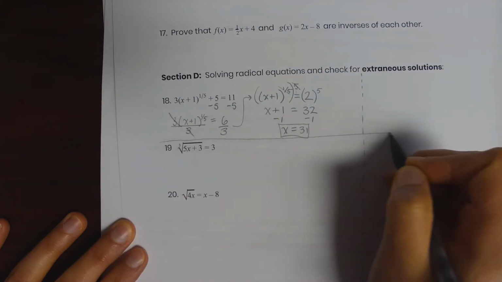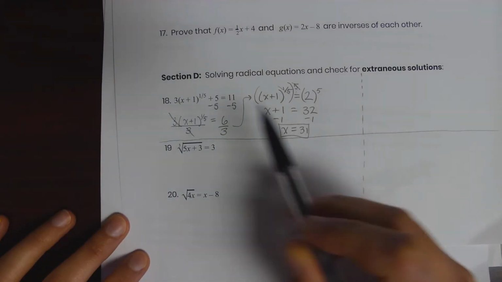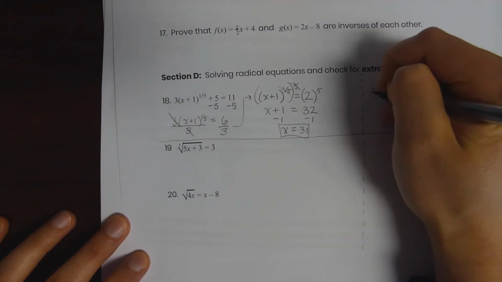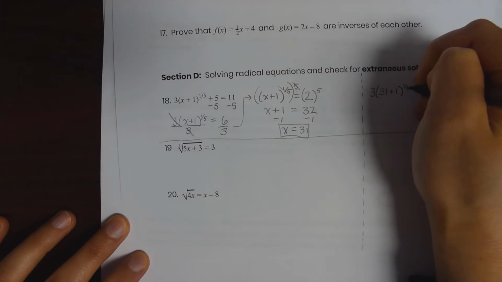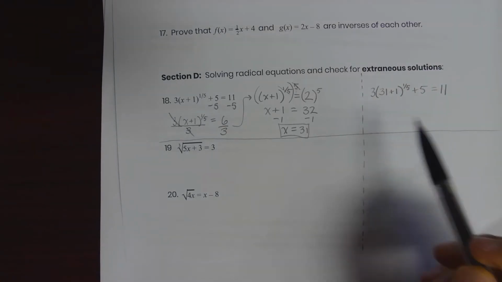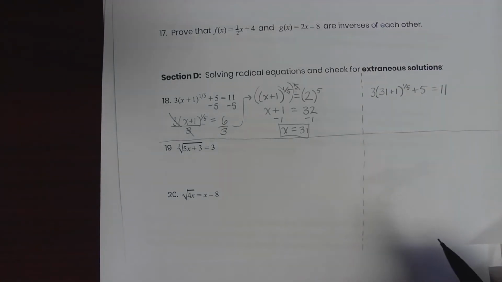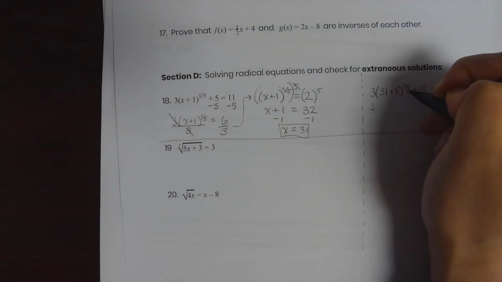Okay, now we're going to check for extraneous solutions. So that means we just plug this back in for x. So this is 3 times (31 plus 1) to the 1/5 plus 5 equals 11. So we're trying to see, is this going to add up to be 11 on the left? I'm going to rewrite this as a radical now.